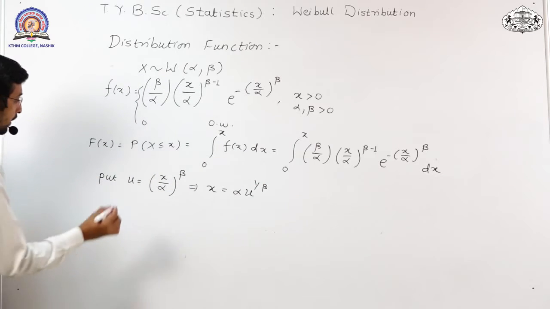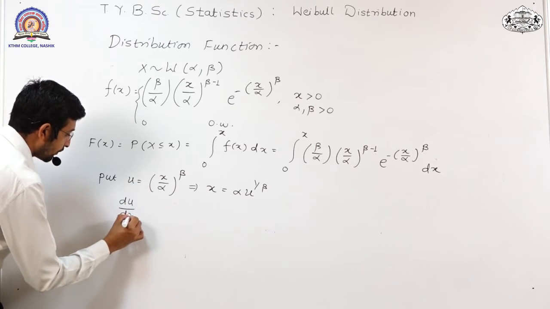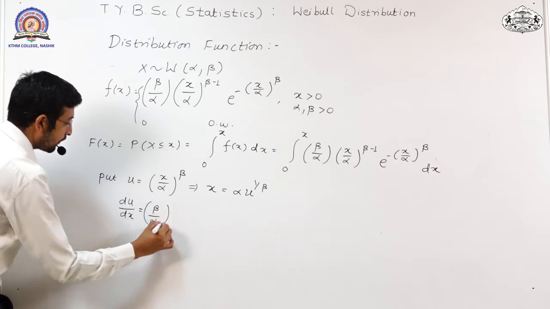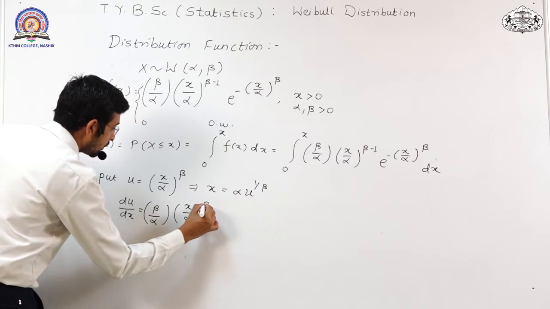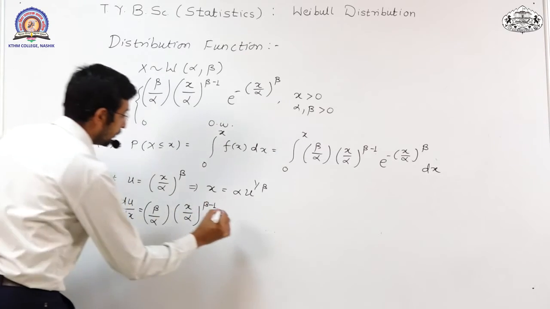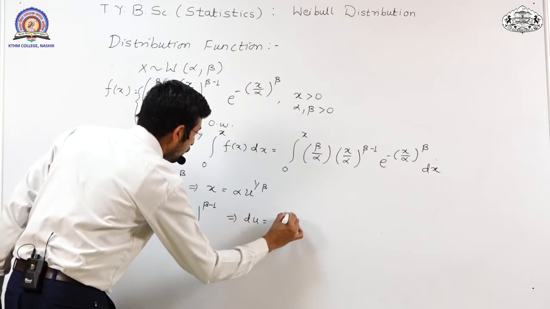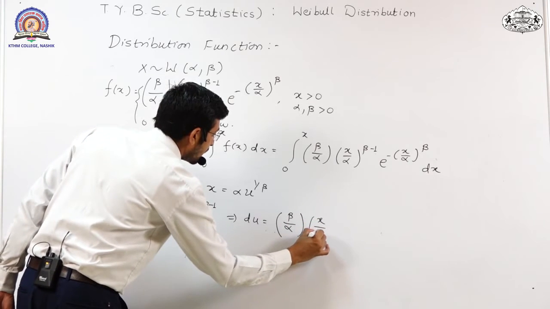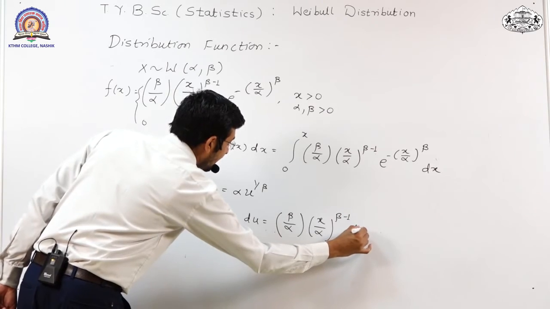Now I have taken the derivative of u with respect to x, we get beta upon alpha (x upon alpha) raised to beta minus 1, or we can write it as du is equal to beta upon alpha (x upon alpha) raised to beta minus 1 into dx.